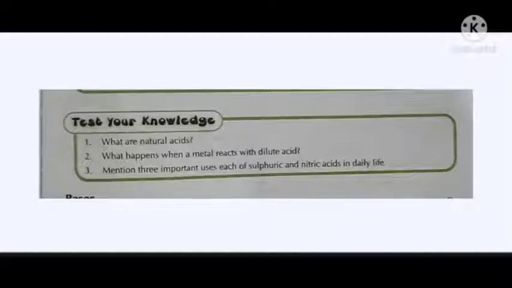Second, nitric acid is used in manufacturing of fertilizers such as ammonium nitrate and also used in the purification of expensive metals like gold and silver. These are the answers.